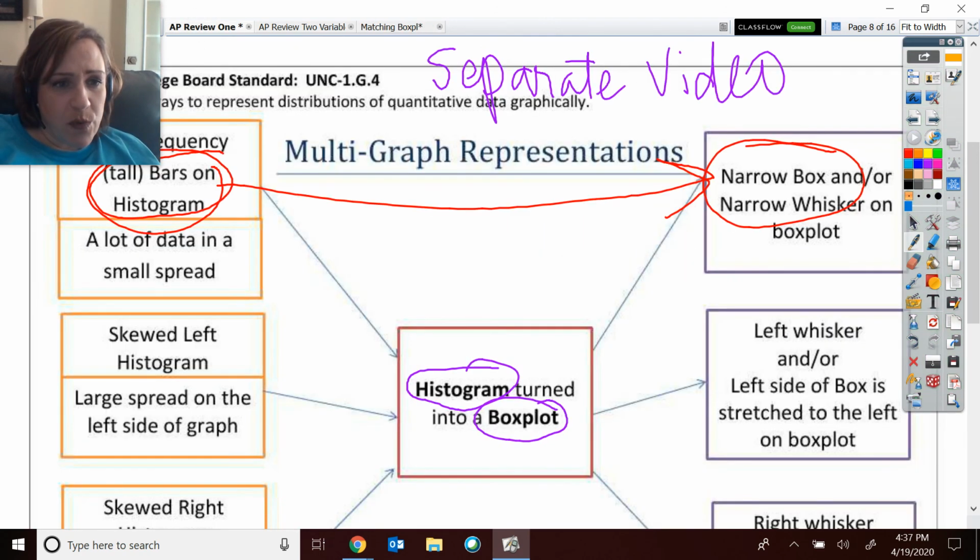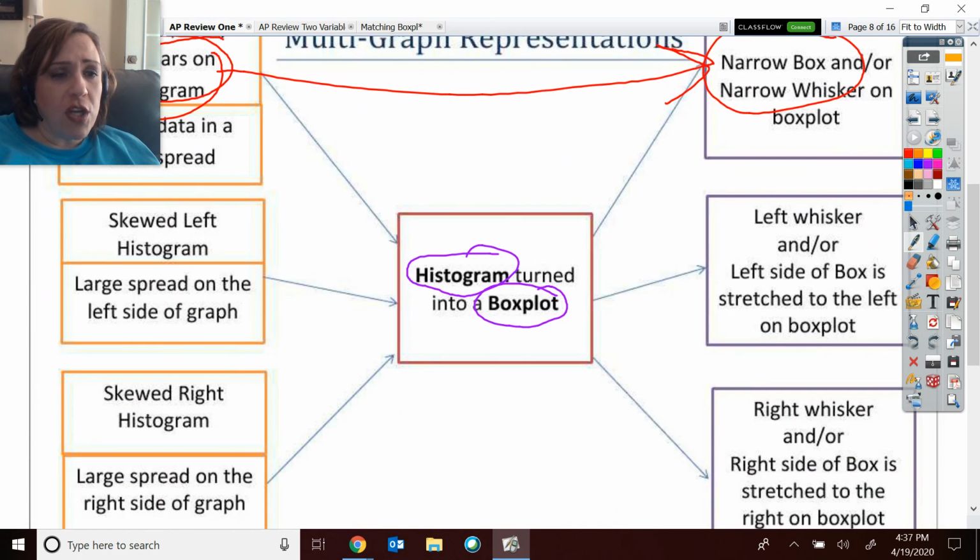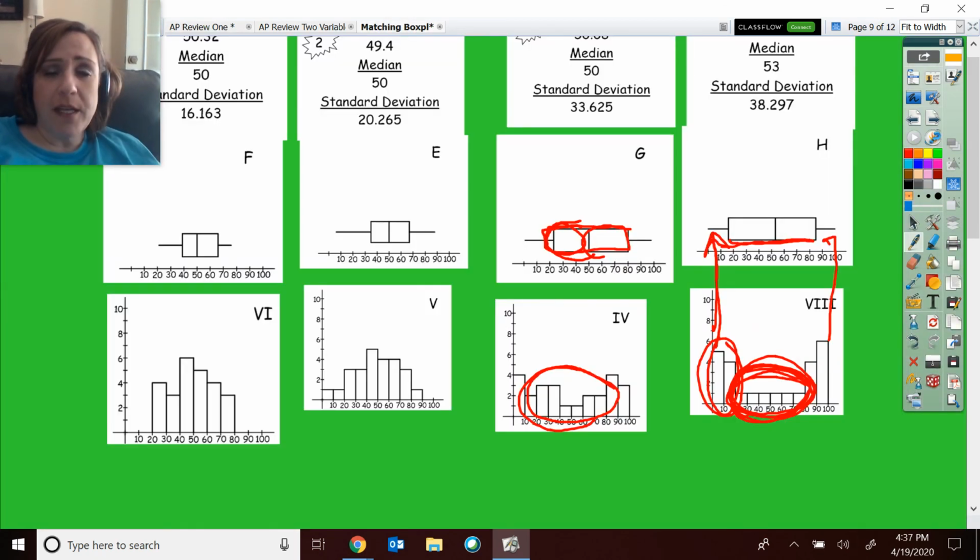Okay, and so that's what that's saying here. You could also tell if they were skewed left or skewed right based on the side of the whisker, and also compare it to the data. All right, so I hope that helps you with the connection between histograms, box plots, and their data.